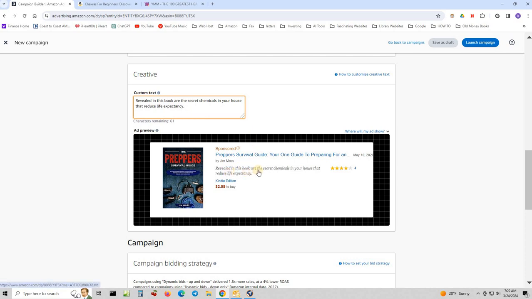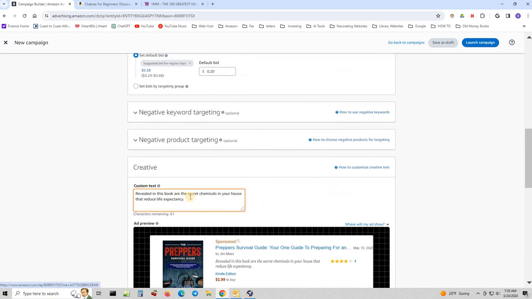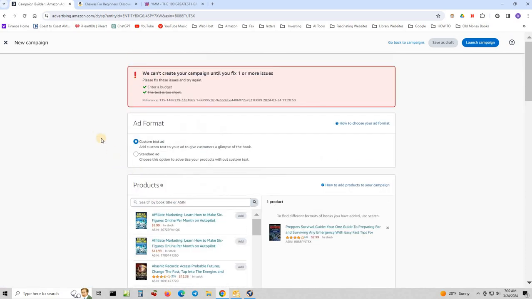So you would put like, revealed in this book are the secret chemicals in your house that reduce life expectancy. You could put something like that. That's going to interest the reader. If I read that, I'd be like, oh, wow, I really want to know what those chemicals are, because it piques your interest. Something like that might work. So that's how you do a text ad.